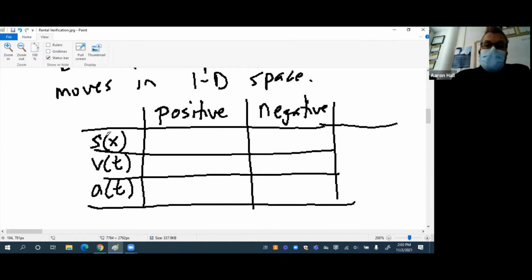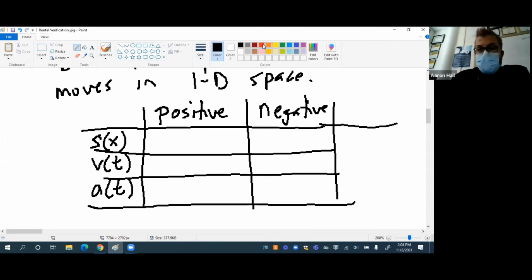It's my position. Now, if I'm talking about a graph where I plug in some t value of time and I get a positive value back, what do you think that means as far as position? This means that I am to the right of the origin by that many units.